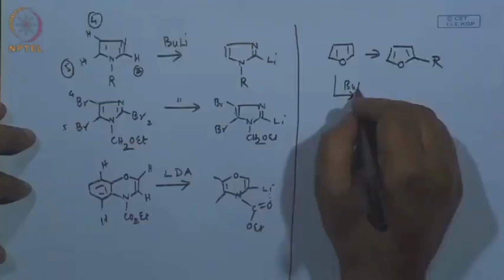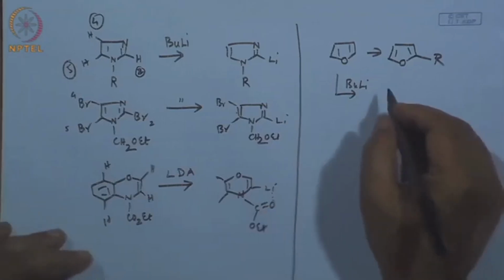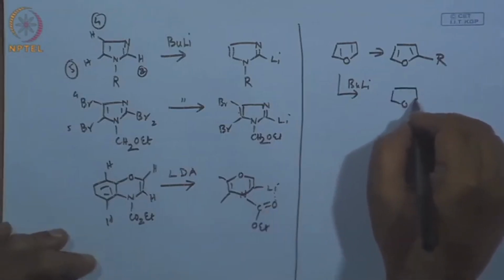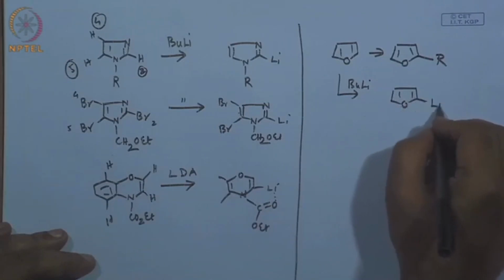So again, organolithium, although it is reactive, you can control the reactivity. You just treat this with butyl lithium and you get a monolithiated furan. What you will find is that the lithiation takes place here, at the 2 position.